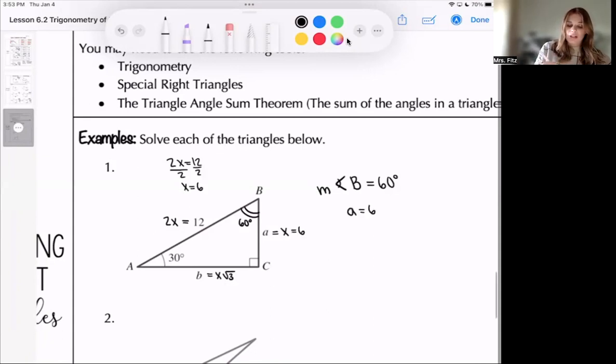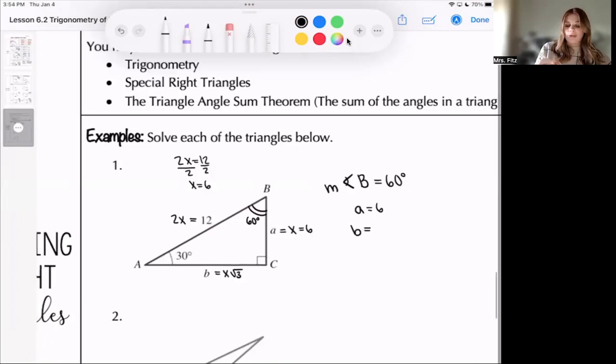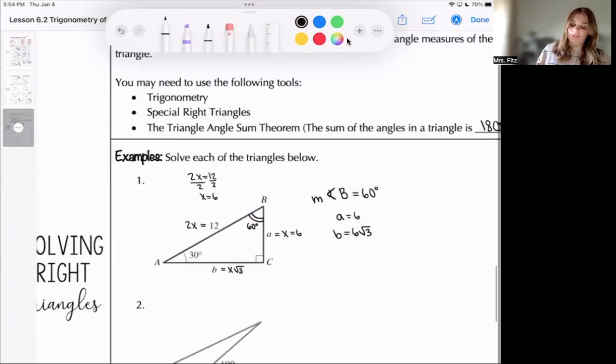To find B, we just take A and multiply it by root 3, so we get 6 root 3. That did not require any trig because it was a special right triangle. Now, would you get different answers if you used trig? No, but you wouldn't be able to get the exact answer for B. You'd probably get a decimal that's still equivalent.